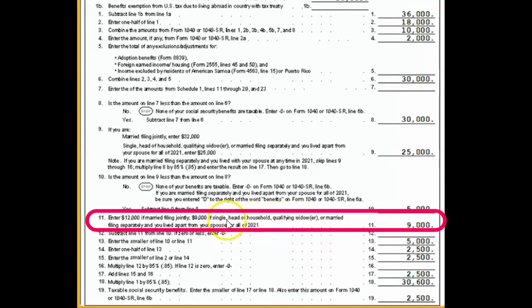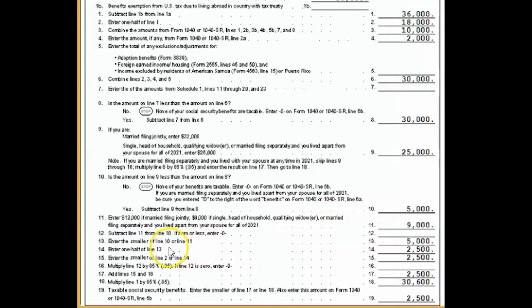So your base amount is 25,000, your adjusted base amount is 34,000, so the difference is 9,000. Then it tells you to enter the smaller of the 9,000 or the 5,000, and once you have that, it tells you to divide it by 2, which is 50%. If you follow the logic, you're going to understand how they got to the taxable portion of Social Security to be 2,500. So that's all good for now.